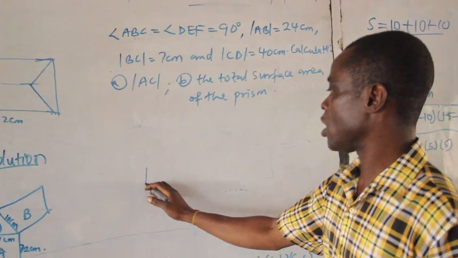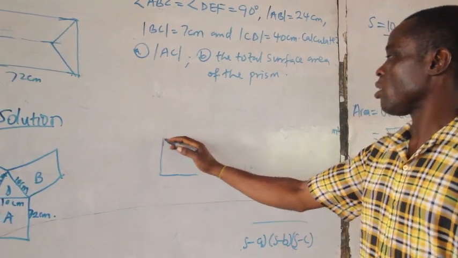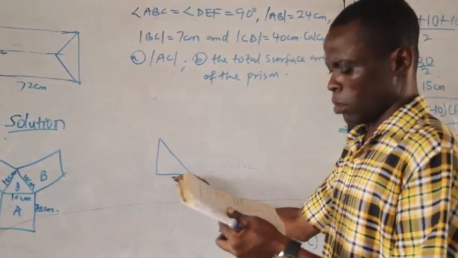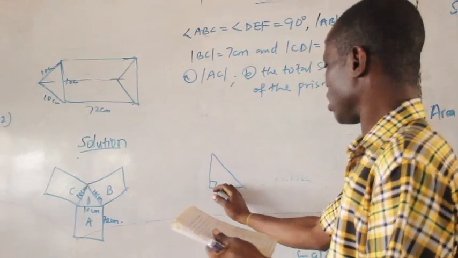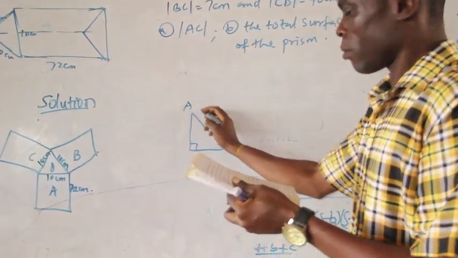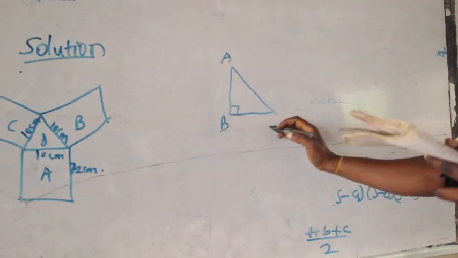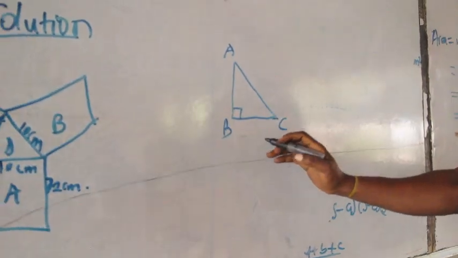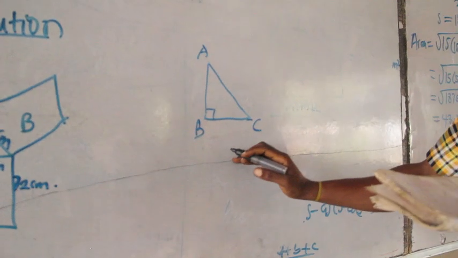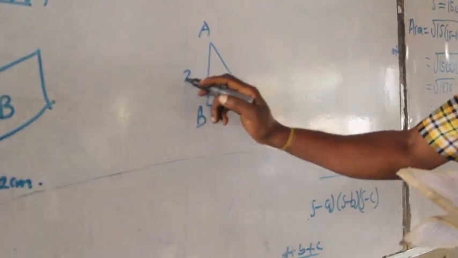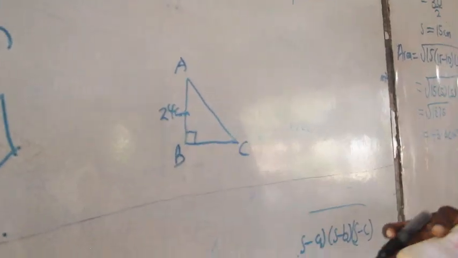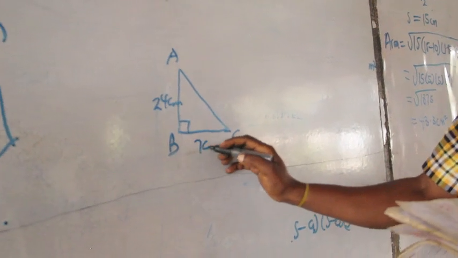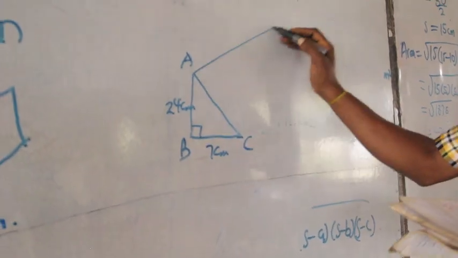Now, this is how to draw the diagram. This is a right angle triangle. We have this as 90 degrees. This is A, B, and this is C. Now, we have this as 24 centimeter. This one is 7 centimeter. Then we have this.